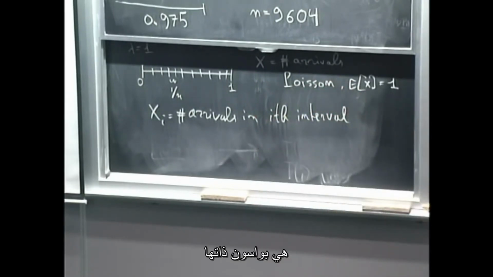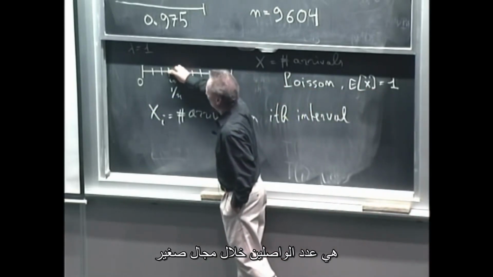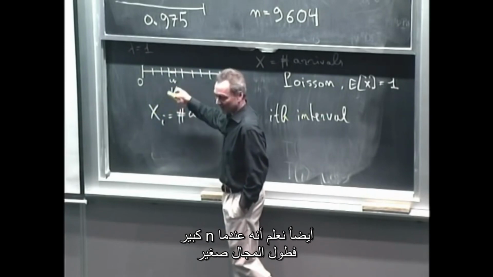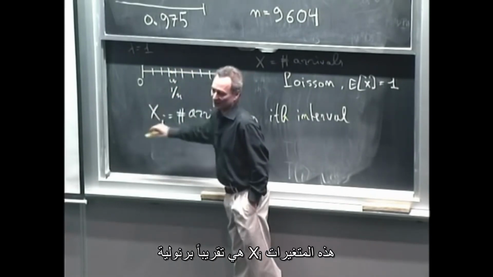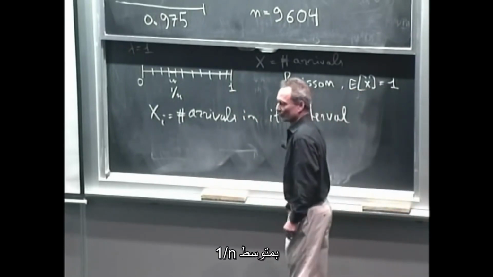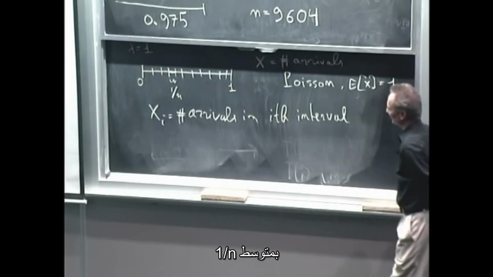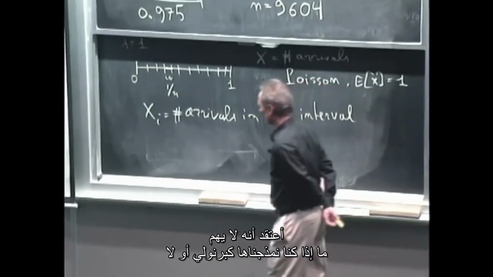They are themselves Poisson. It's a number of arrivals during a small interval. We also know that when n is big, so the length of the interval is small, these xi's are approximately Bernoulli with mean 1/n. I guess it doesn't matter whether we model them as Bernoulli or not.